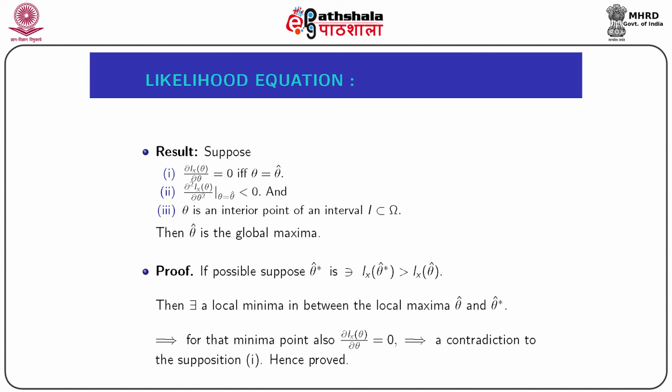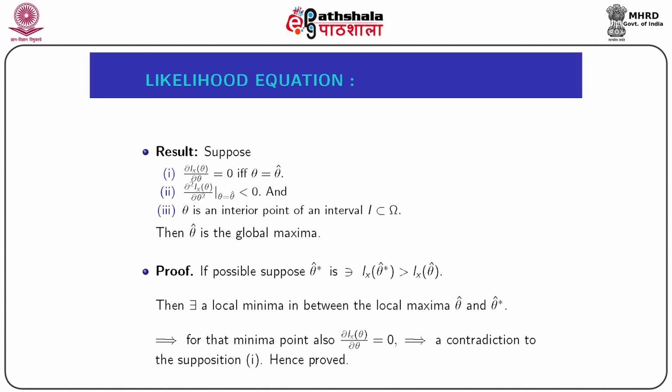As an outline of the proof of the above result, we can start as follows. If possible, suppose theta star hat is such that the log of the likelihood function at the point theta star hat is greater than the log of the likelihood function at the point theta hat. Then there exists a local minima in between the local maxima theta hat and theta star hat.